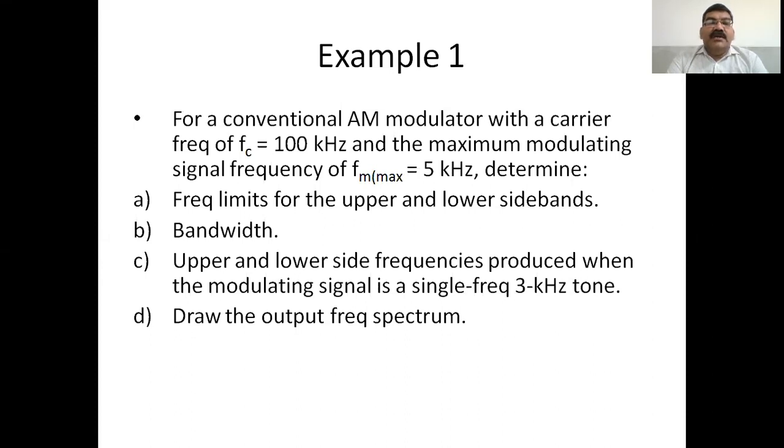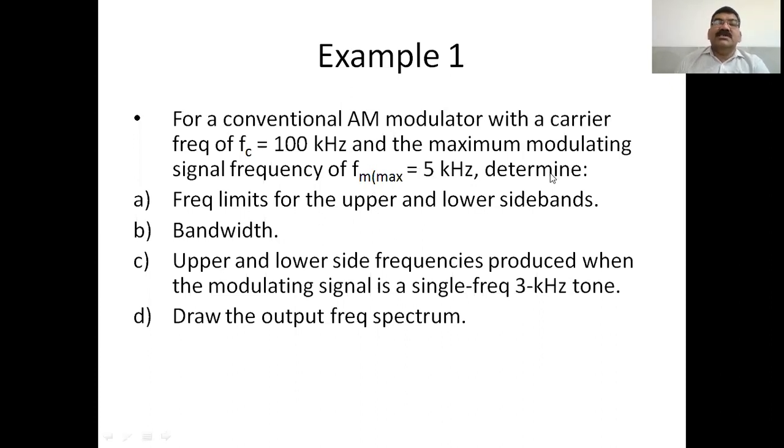For a conventional AM modulator with a carrier frequency FC equal to 100 kilohertz and a maximum modulating signal frequency FM equal to 5 kilohertz. More or less, including the guard band, it may be an example of speech frequency transmission. So FM maximum frequency is 5 kilohertz.